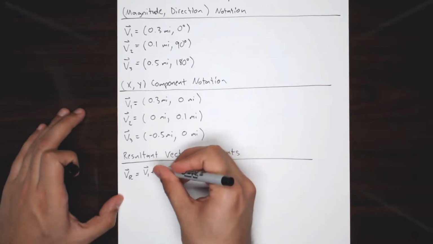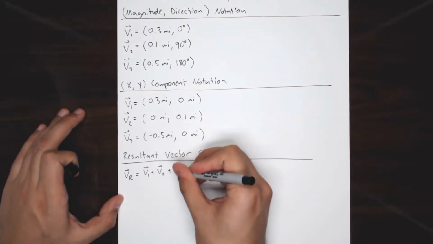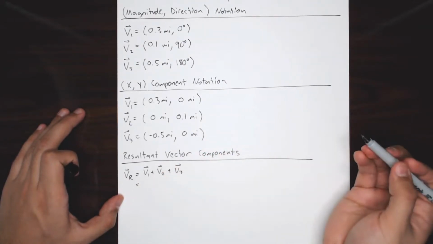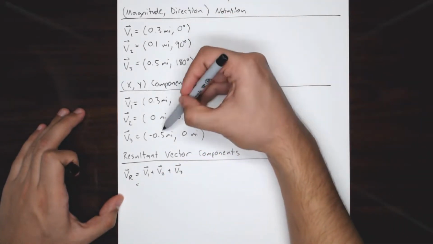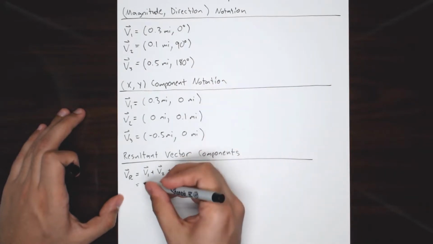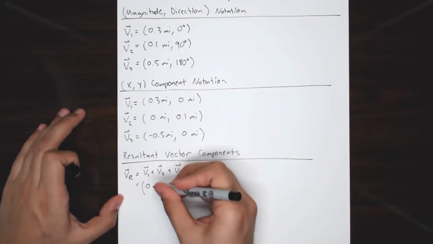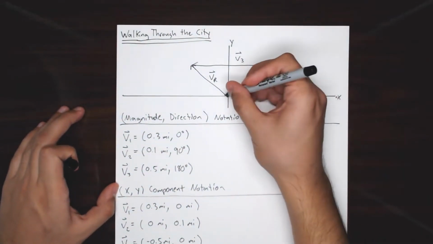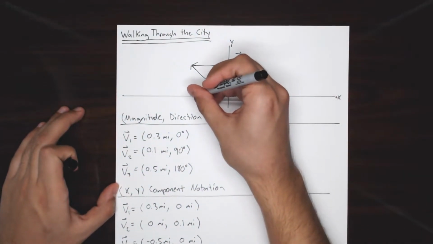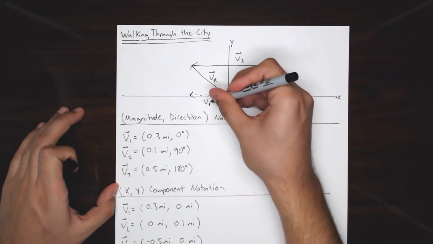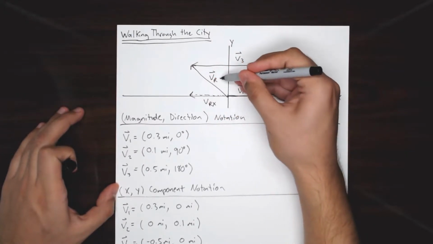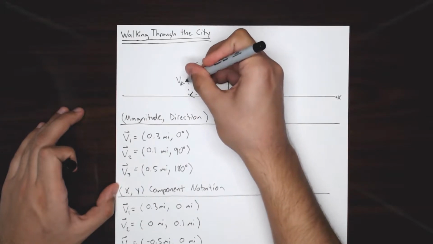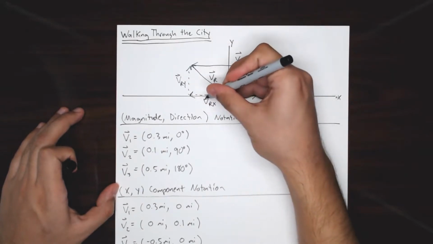We can first actually write it as a vector equation, saying that we're explicitly adding these three vectors together, but that sum is going to be written down by adding up these x components and these y components. So for example, we'll have here for the x component of VR, which, by the way, if we look at our diagram, is going to be this guy here, VRX.